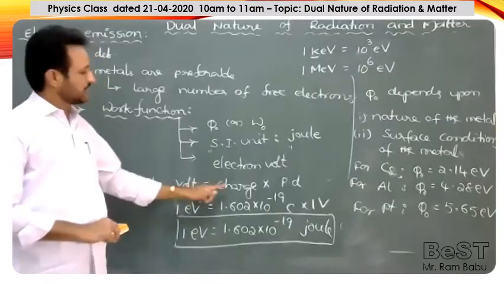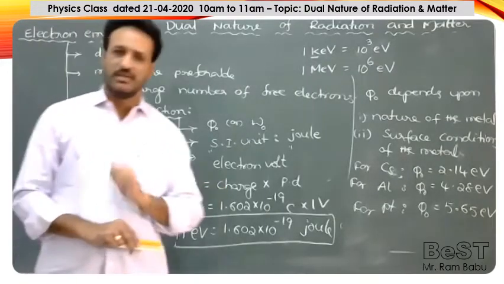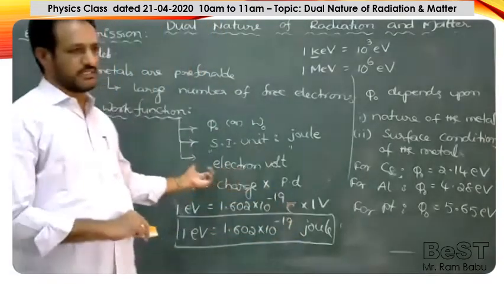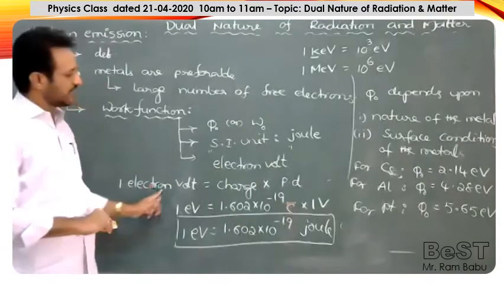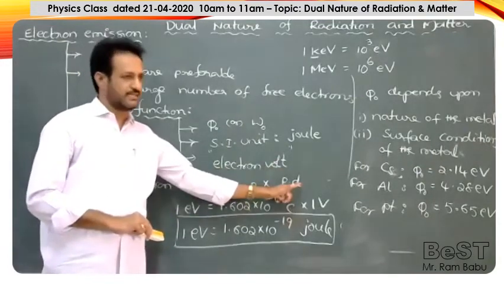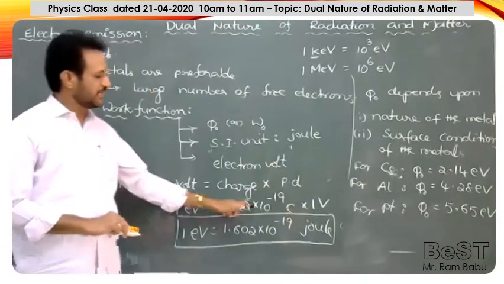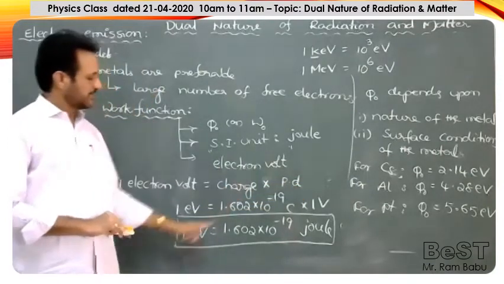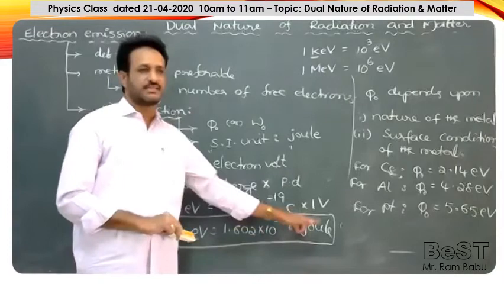When an electron is accelerating through a potential difference of 1 volt, the kinetic energy gained by the electron is equal to 1 electron volt. 1 electron volt is equal to the charge of the electron into potential difference, 1.602 into 10 power minus 19 coulomb into 1 volt, equal to 1.602 into 10 power minus 19 joule.